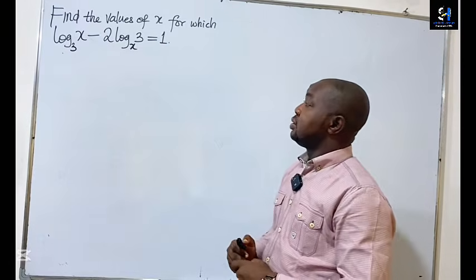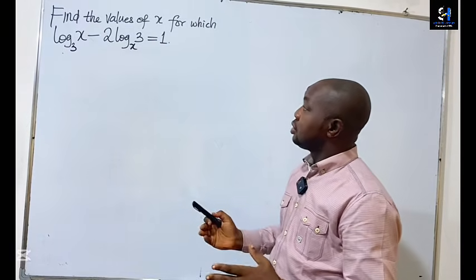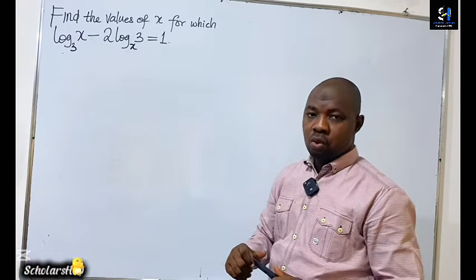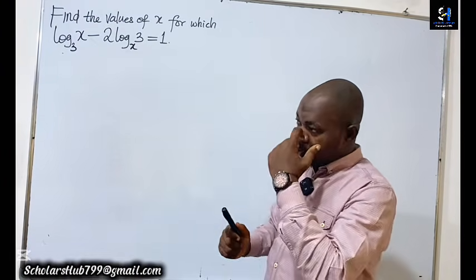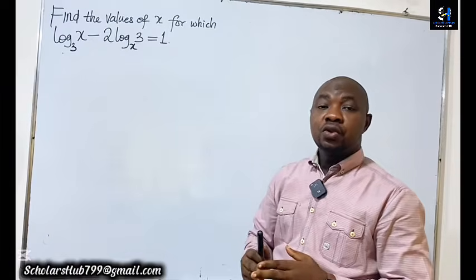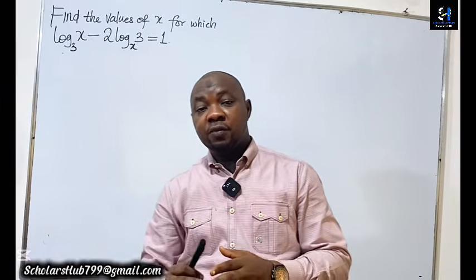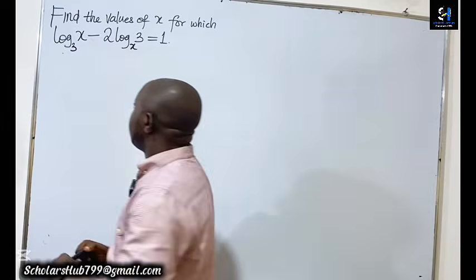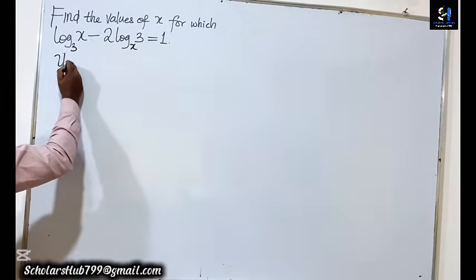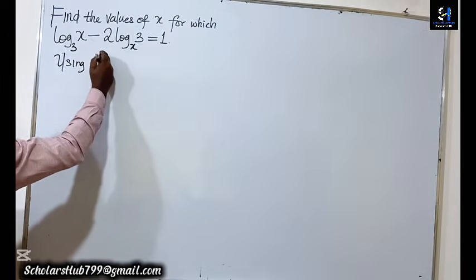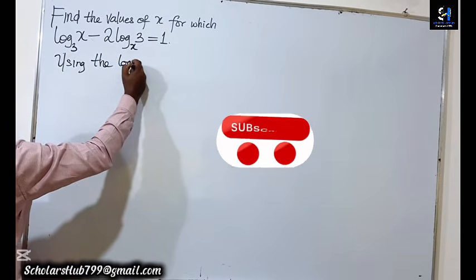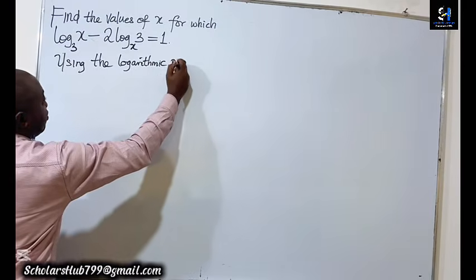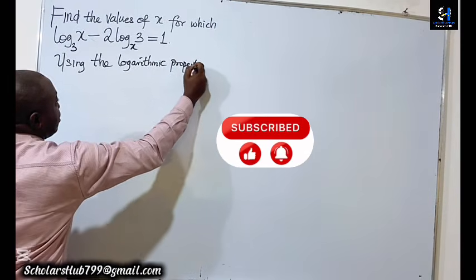Let's find the values of x for which the logarithmic equation on the board equals 1. To solve this question, I'm going to make use of one of the properties of logarithms known as the change of base property.